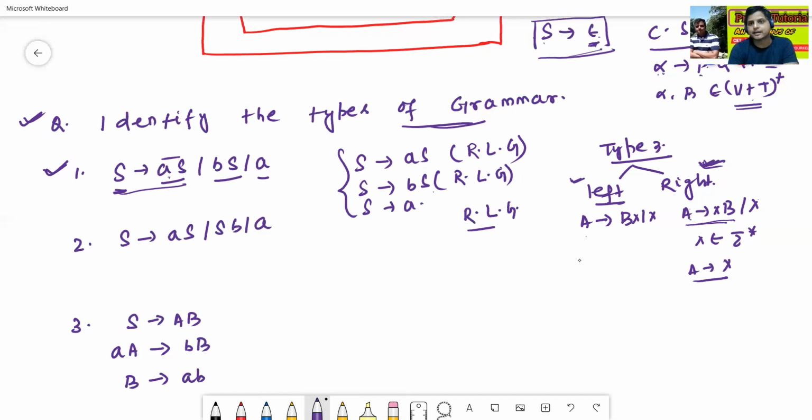Since it is right linear grammar, it belongs to type 3. Every type 3 is a subset of type 2, type 1, and type 0, so it also satisfies type 2, type 1, and type 0 grammar. Next, we will see one more question.